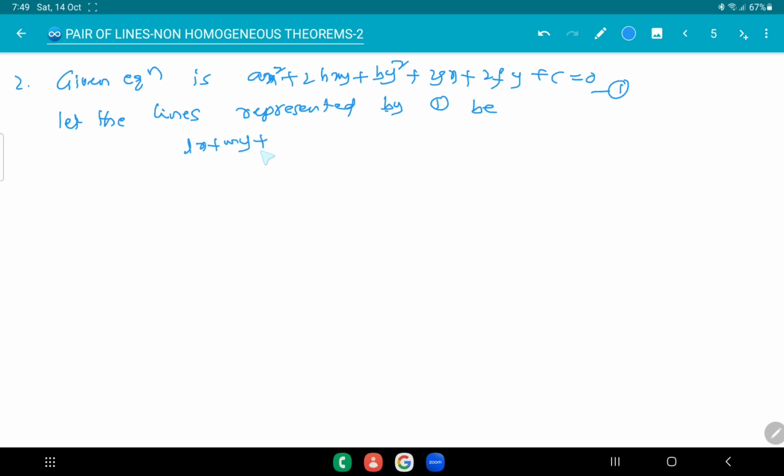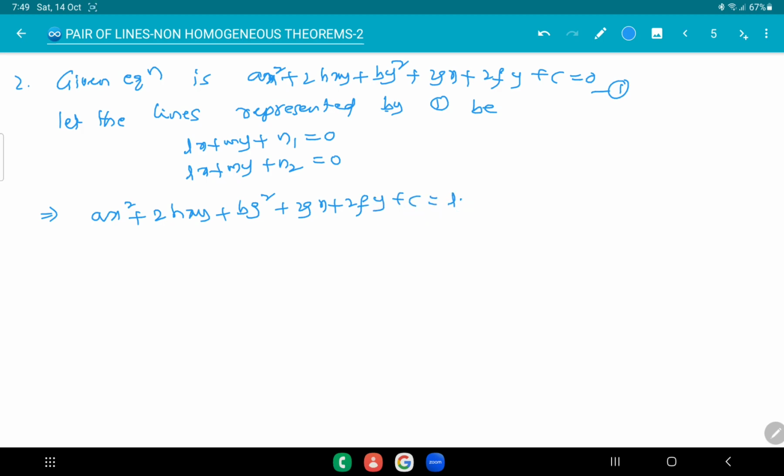I am taking the first two terms the same: lx plus my plus n1, lx plus my plus n2 equal to 0. That implies that if you multiply those two equations, that will be equal to (lx plus my plus n1) into (lx plus my plus n2).